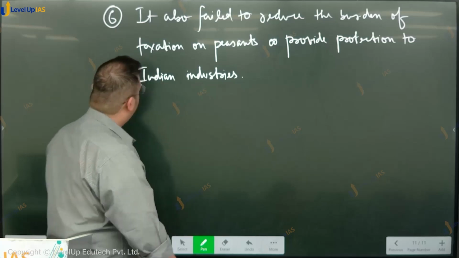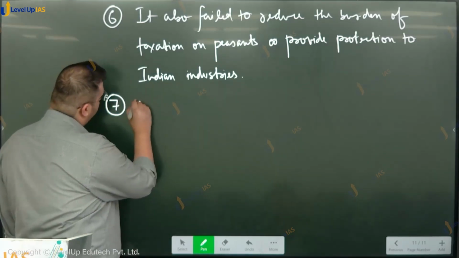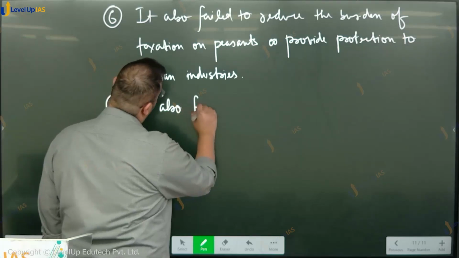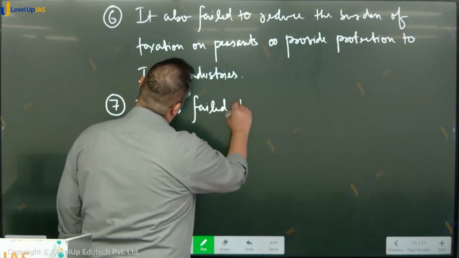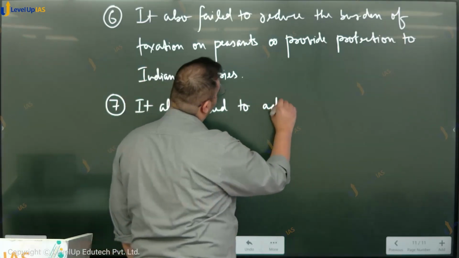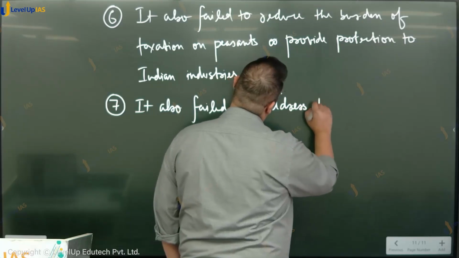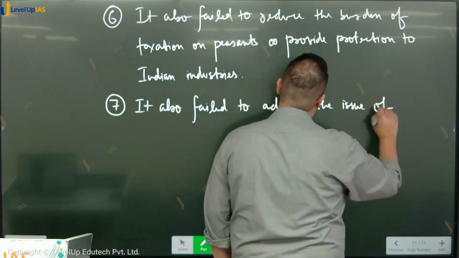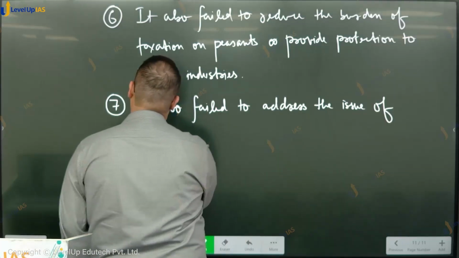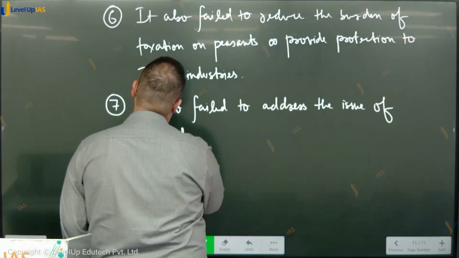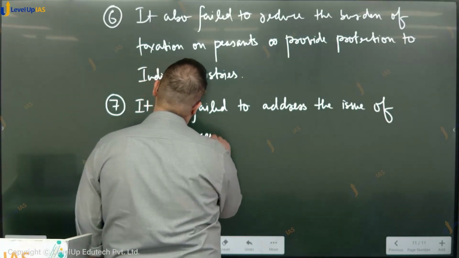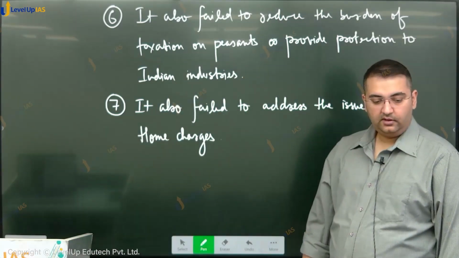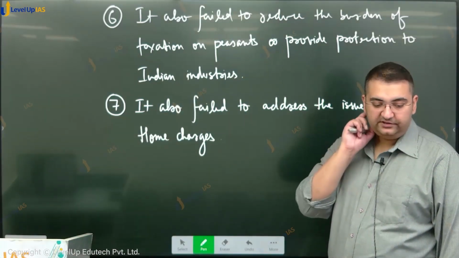Next लिखो. It also failed to address the issue of home charges, and the most egregious of these failures क्या था?